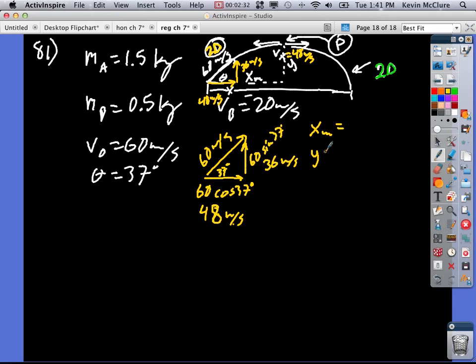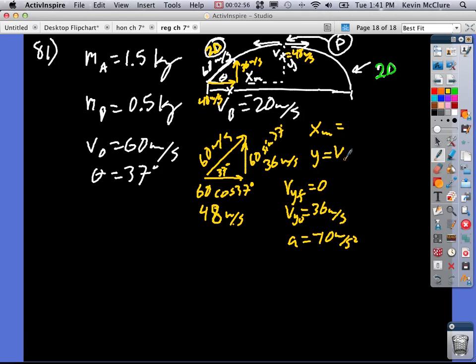The easiest way that I can think of to do this is to use y first, because I know that Vy final at the top is 0. So I know Vy initial is 36 meters per second, and I know the acceleration is negative 10 meters per second squared. So that allows me to find y.